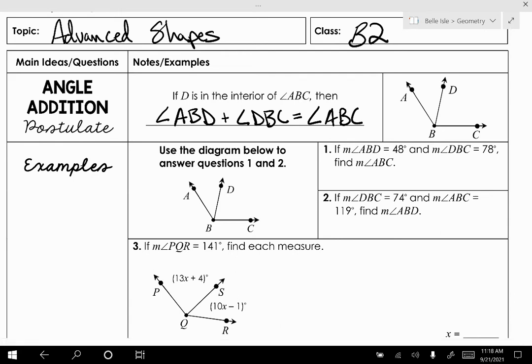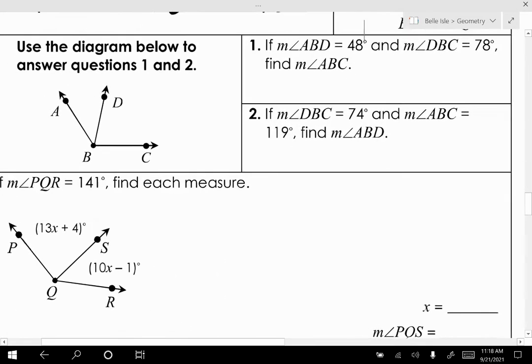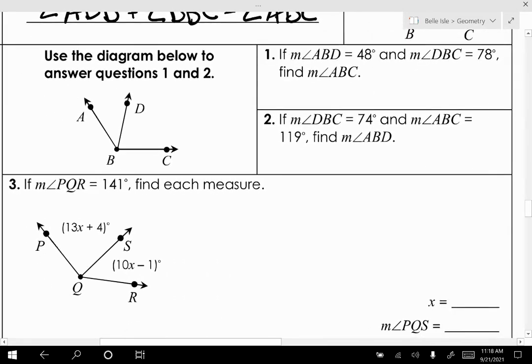We're going to use the diagram below to answer questions 1 and 2. If the measure of angle ABD is 48, and the measure of angle DBC is 78, what is the measure of angle ABC? 126.